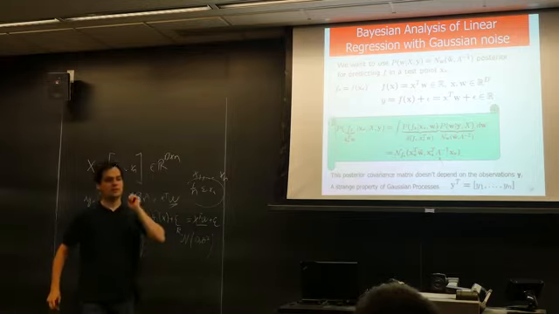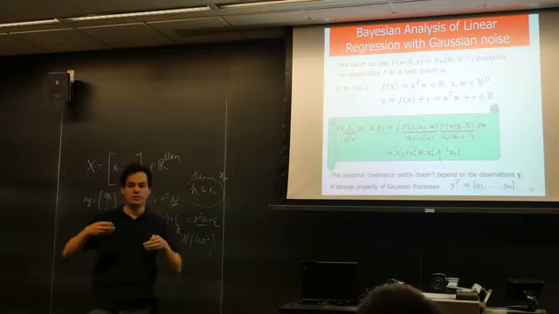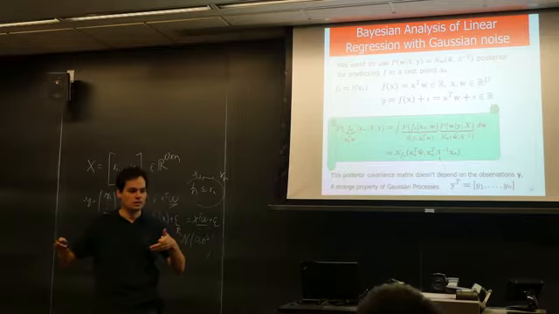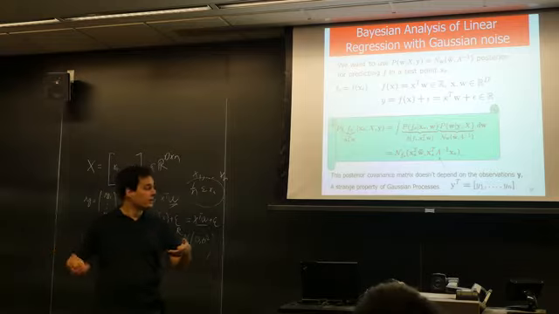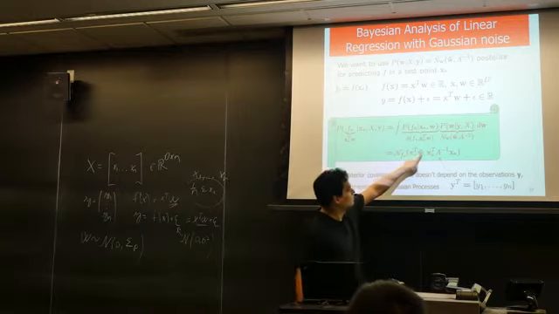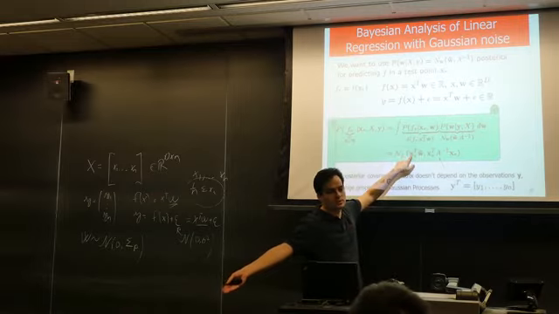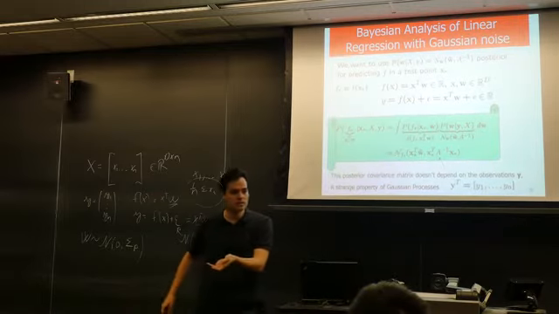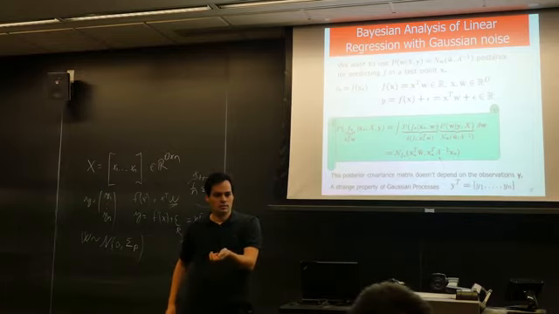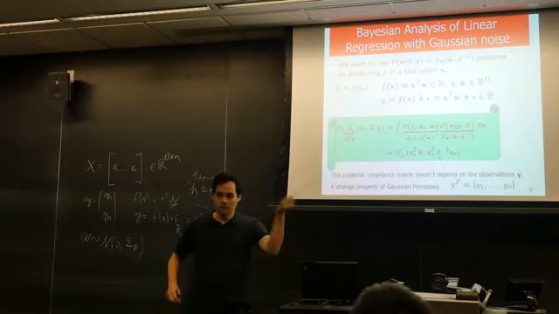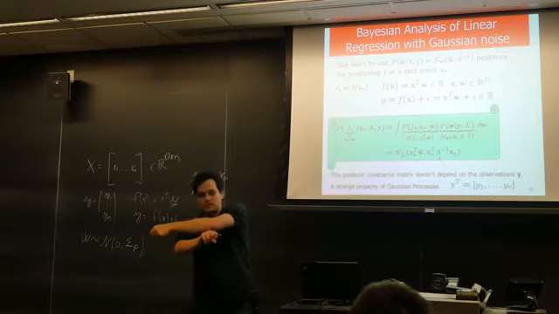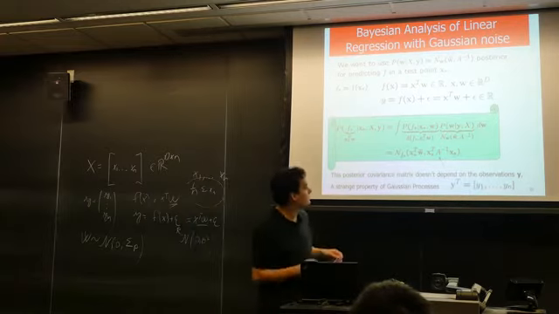And what's the distribution of X transpose W if I already know the distribution of W is a Gaussian? So it will be a Gaussian. What will be the mean? X transpose times the mean of W, right? So the mean will be W bar times X transpose. That will be the new mean. And what will be the variance? It will be X transpose times the covariance of the Gaussian times X, right? So this is what happens here.